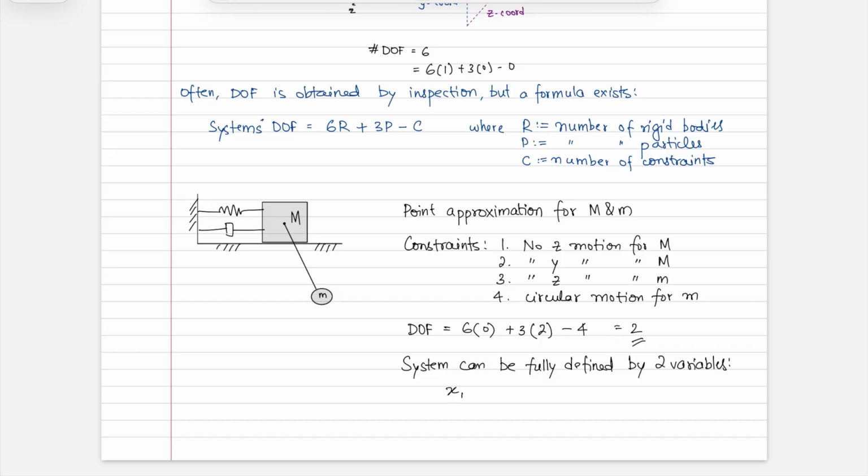Let's now define them. Let's say xm is the x coordinate of the block m, and theta small m is, let's say, the angular position of the gong with respect to the block.